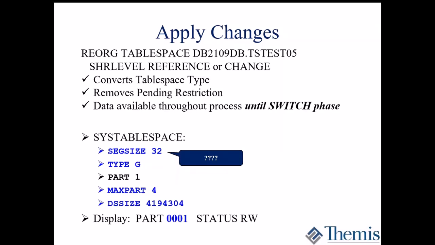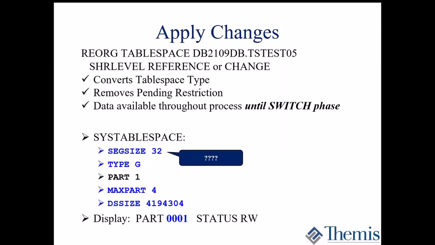So there was a weird side effect on this particular conversion that my SEGSIZE went from 4 to 32 for no particular reason other than they always do that when a table space conversion happens. All right. A little bit weird.